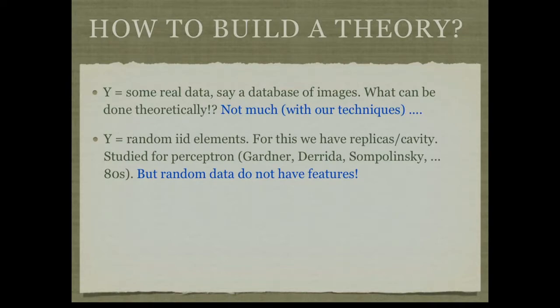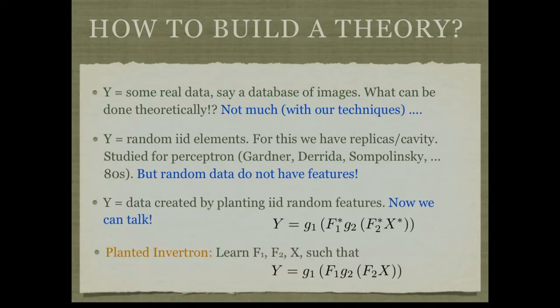What can be done? We are not happy with this either. So what about creating data by planting in some features? In this talk we heard a lot about inference problems, planted problems. So what about starting with some X star, F1 star, and F2 star that create the data, and then we forget the star matrices and want to reconstruct them back? That would be the planted invertron.